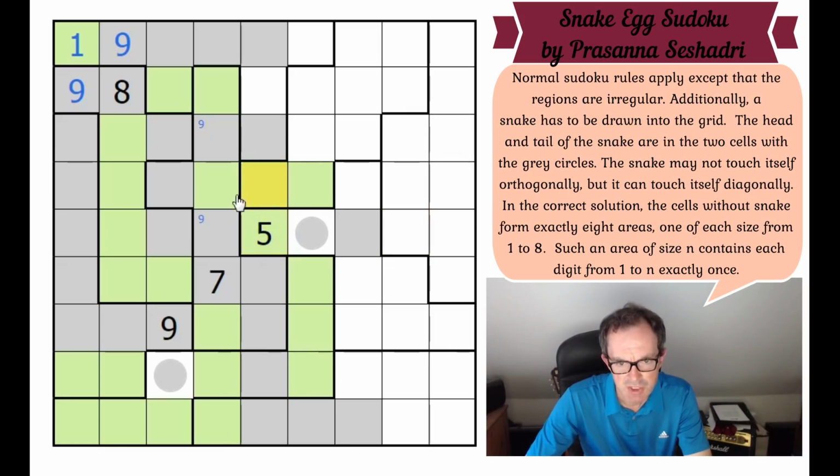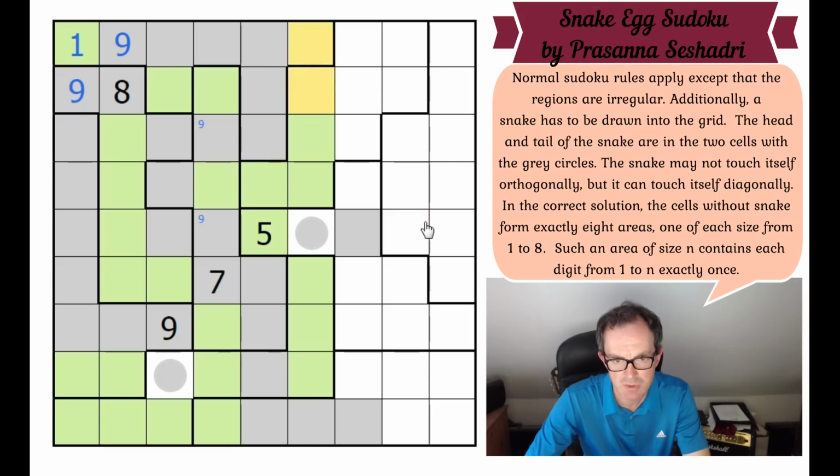So this region is of size 5 at least, so it must take another cell. If it turns up, look, it forces the snake to close. Now, why is that interesting? Well, it's because this all of a sudden doesn't become a size 5 region.